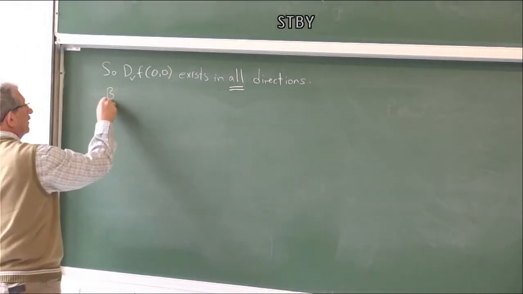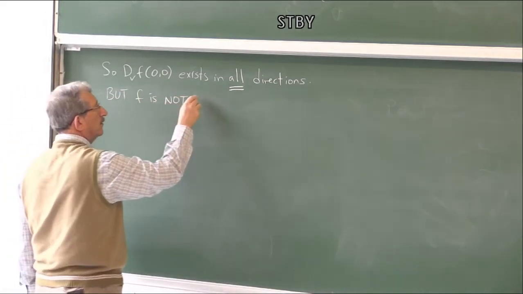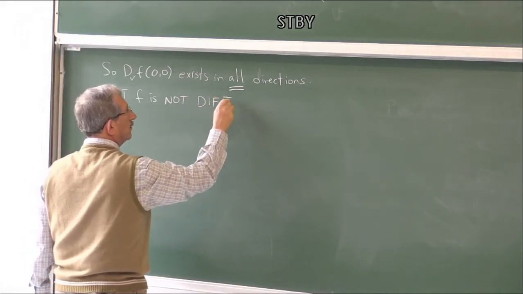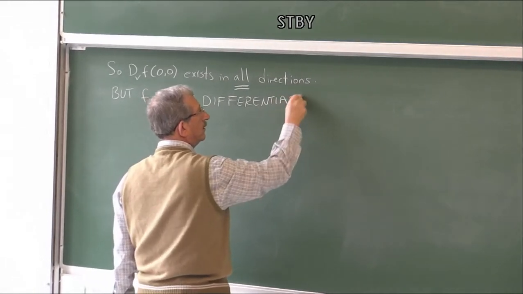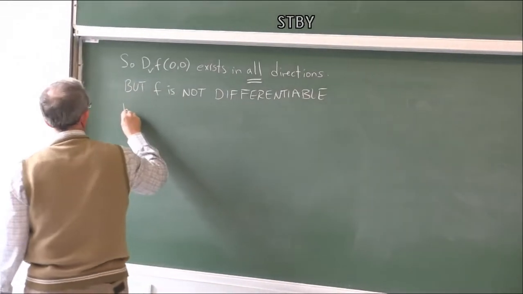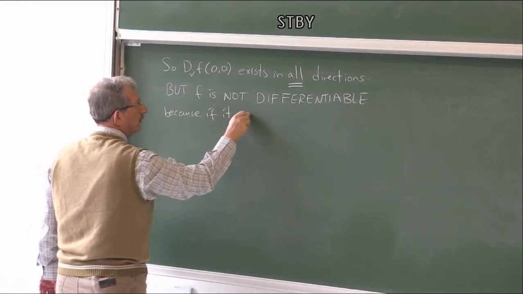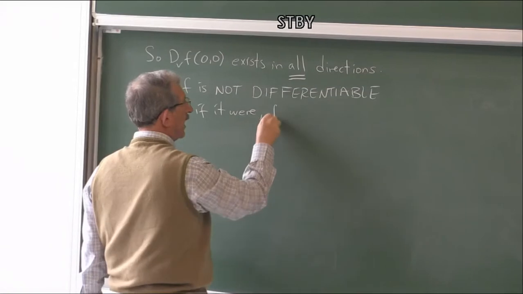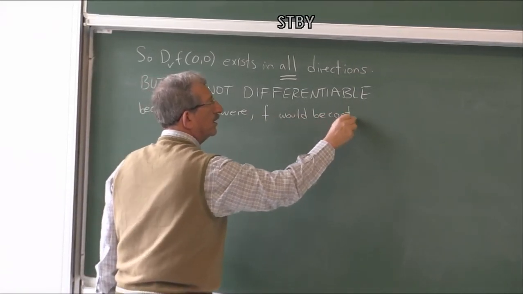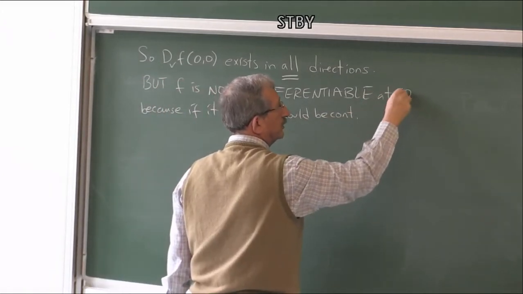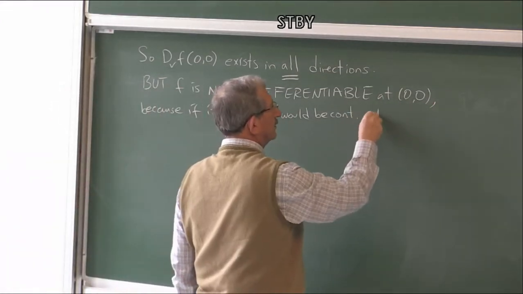But f is not differentiable. Because if it were, f would be continuous, of course, differentiable at (0, 0). I mean, everything happens at (0, 0) here. It would be continuous at (0, 0).